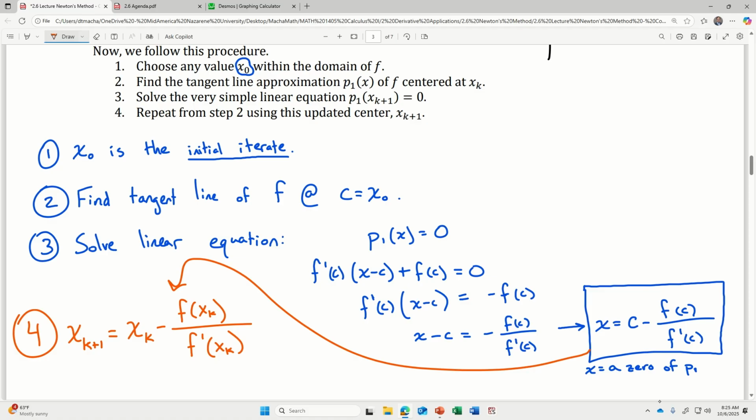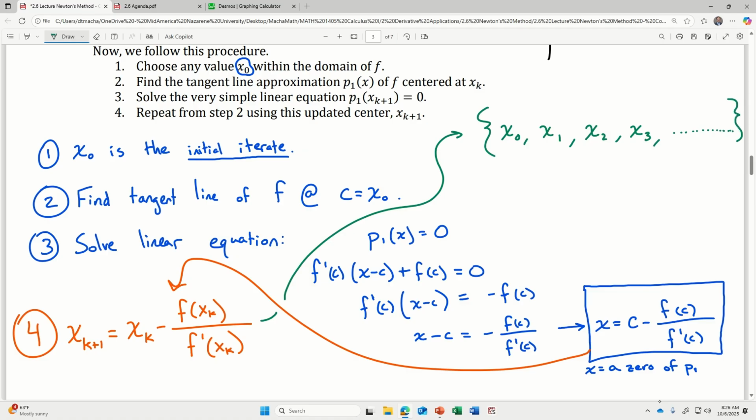And what we're going to end up with, after I repeat this process a whole bunch of times, is a sequence where I have my initial iterate, and then I calculate this formula one time, and I get my first iterate, and then I do the formula a second time, and I get my second iterate, and then a third time, and I get my third iterate, and I can make this sequence as long as I want, continuing to produce additional iterates from this formula.